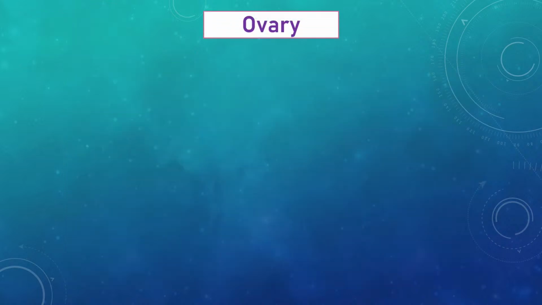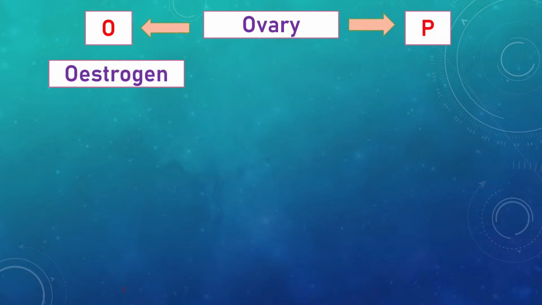Now here, let us see how you can relate all the hormones and functions related to ovary. Let's make it a little bit simple for you to remember. Ovary releases two hormones, estrogen and progesterone.